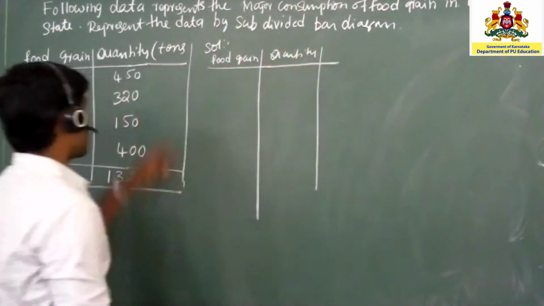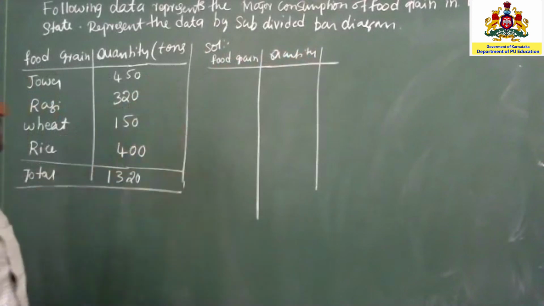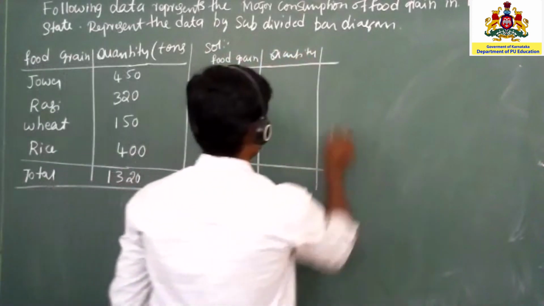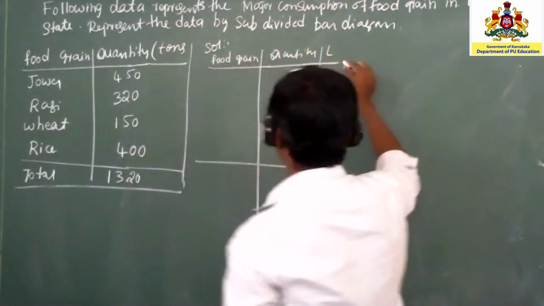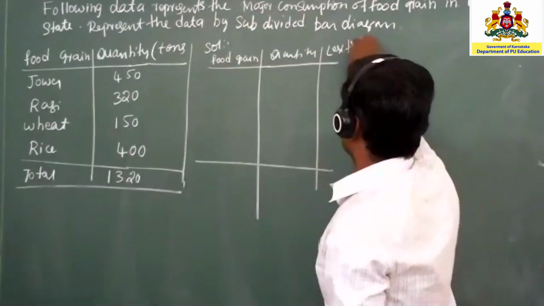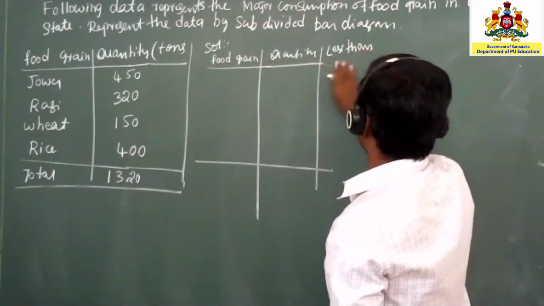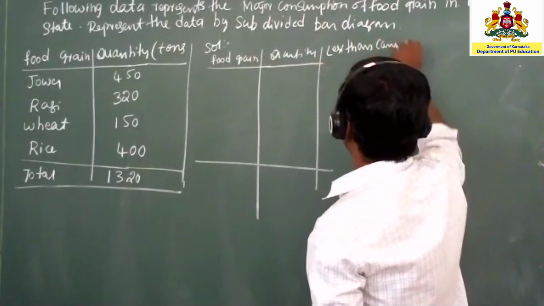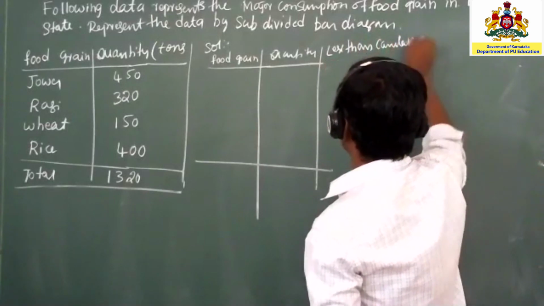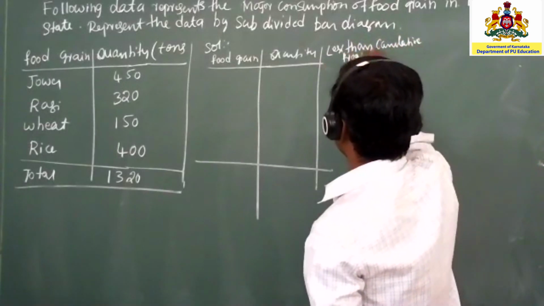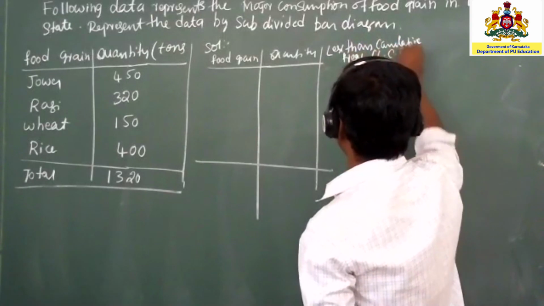And you should compute the LCF because it is easy to construct. LCF means what? Less than cumulative frequency. Cumulative frequency, in simple form LCF.